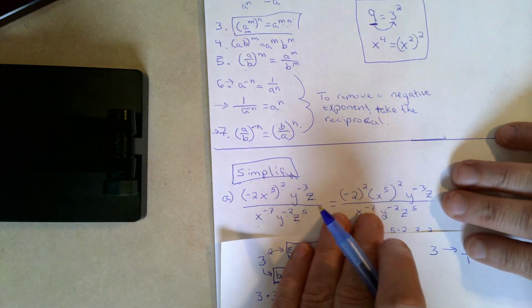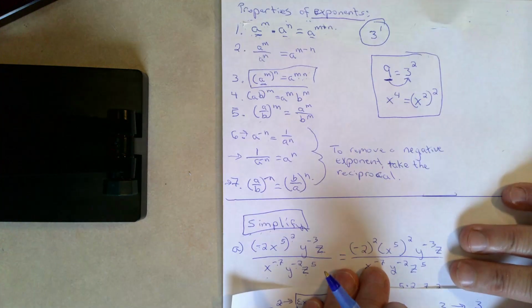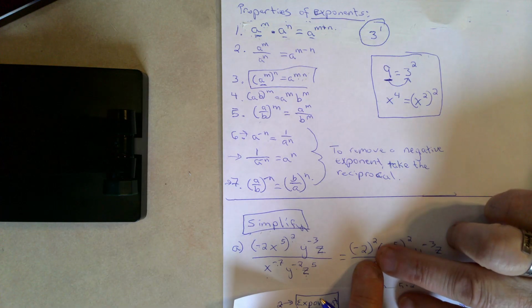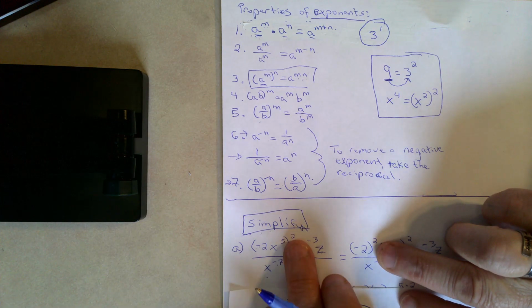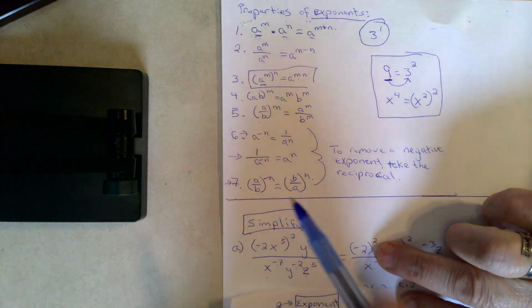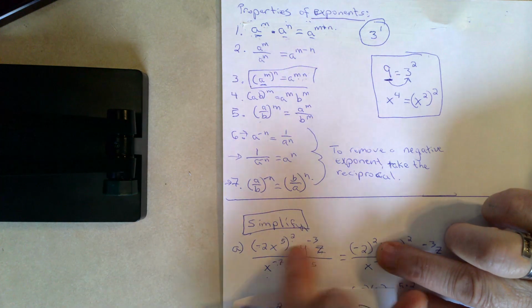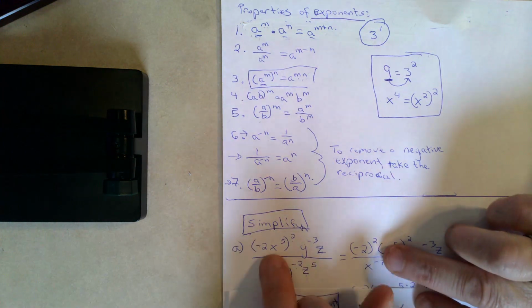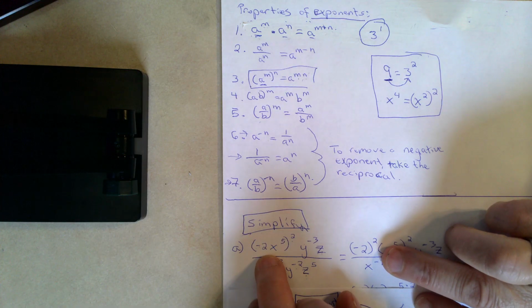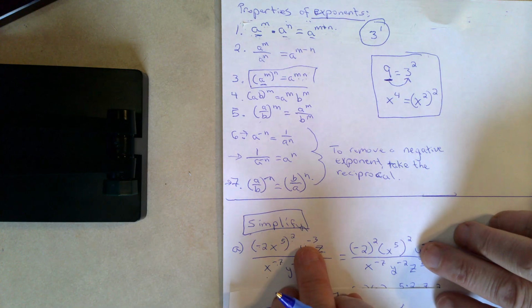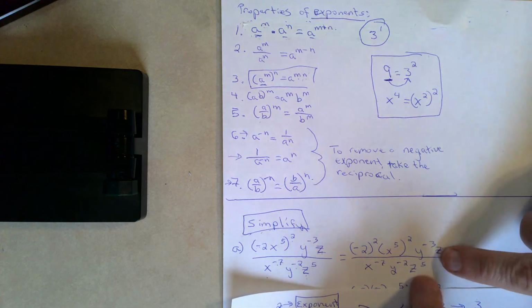Okay, so here, the first step that I'm going to do is break this down. So I'm going to use this number 3 here and break this down into negative 2 to the squared, and then x to the 5th to the squared. Here I didn't do anything else.